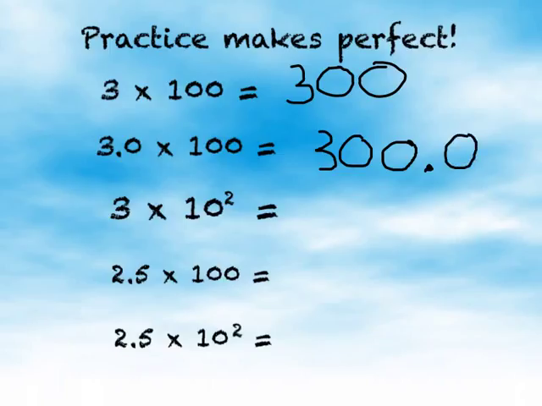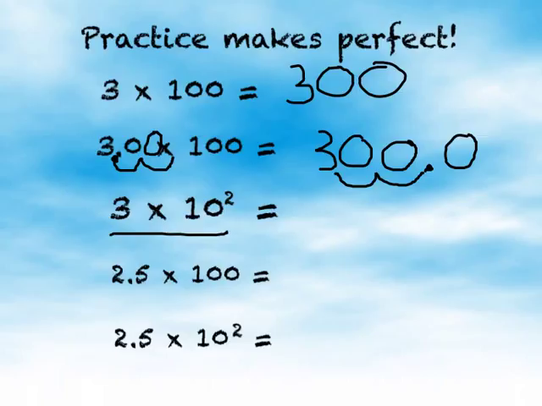We had the decimal point right after the 3. So let's see how many places it moved. 1, 2. And we had to add another 0 there. So 3 times 100 equals 300.